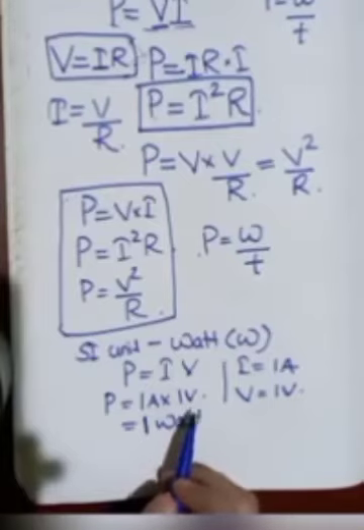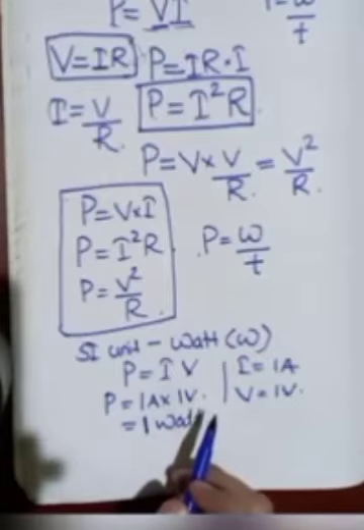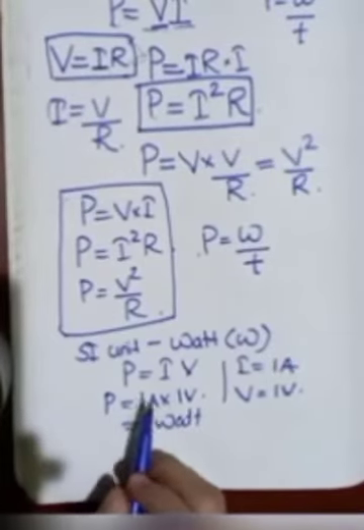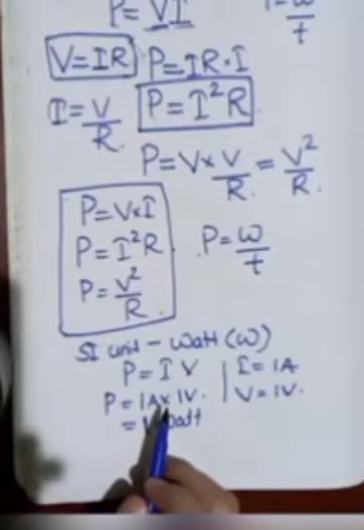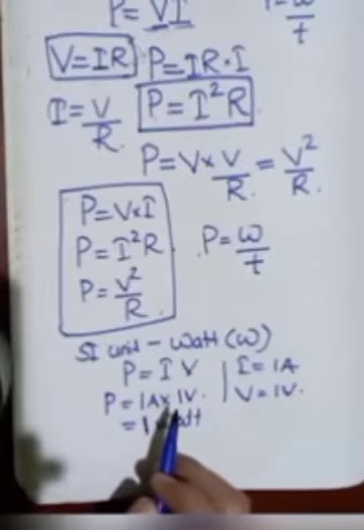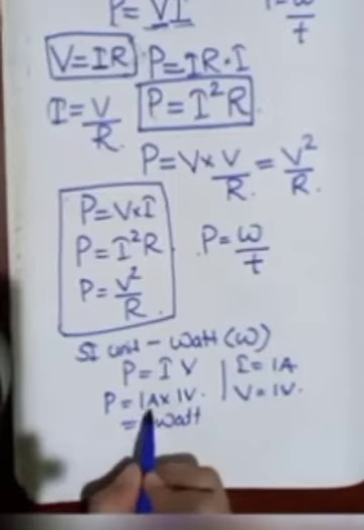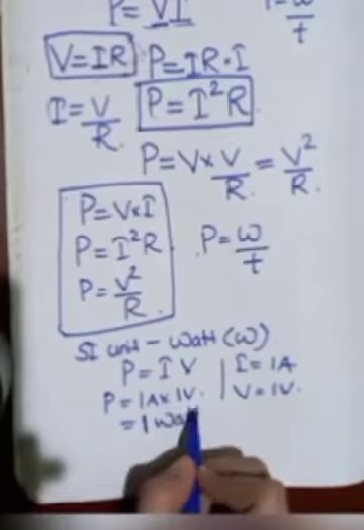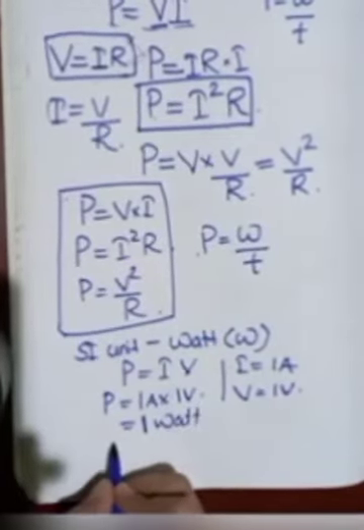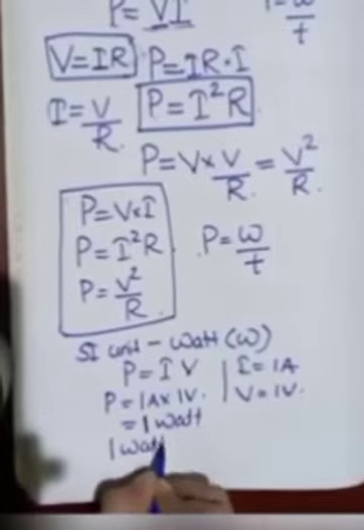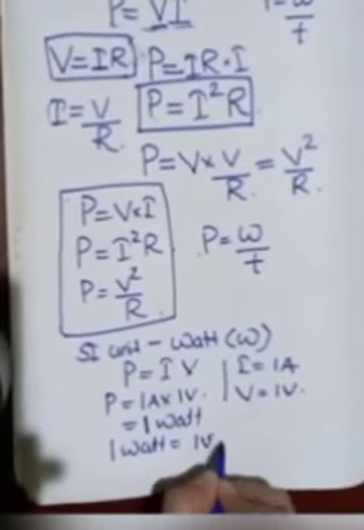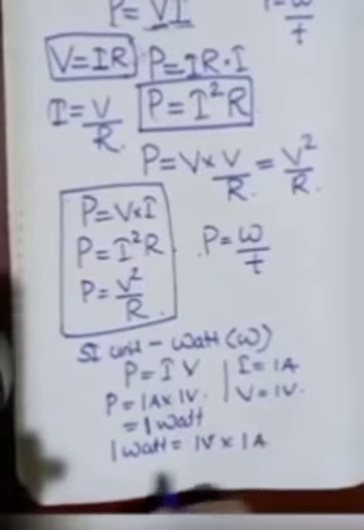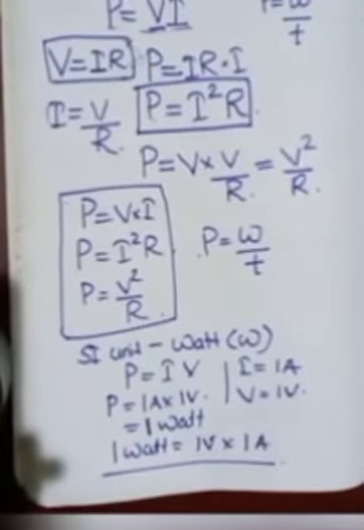Hope you clear that. That is, 1 watt is equal to 1 volt into 1 ampere. It is very important. You will be asked to define 1 watt in your exam.